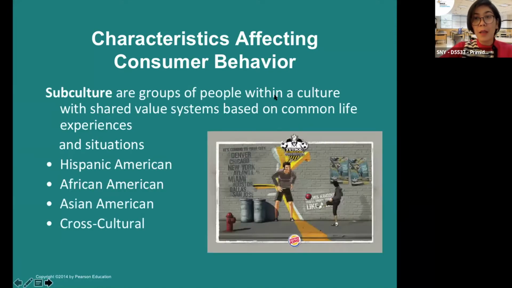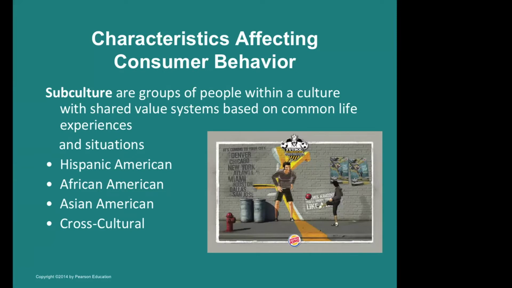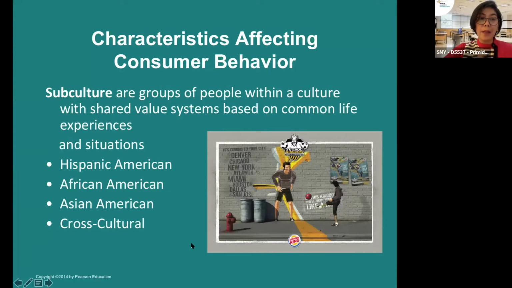Now remember, in culture itself, there are subcultures. If we talk about culture in the United States, for example, the subcultures would be those smaller groups of people within a culture who share the same values based on common experiences: Hispanic American, African American, Asian American, and now cross culture.